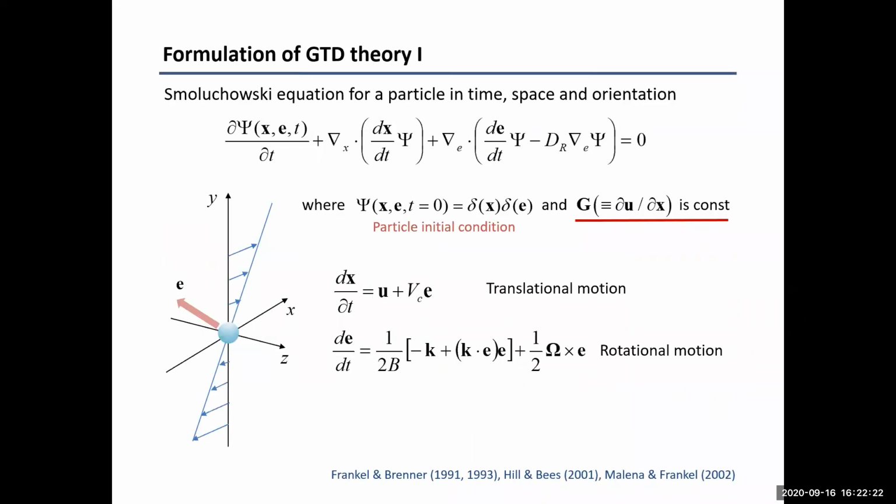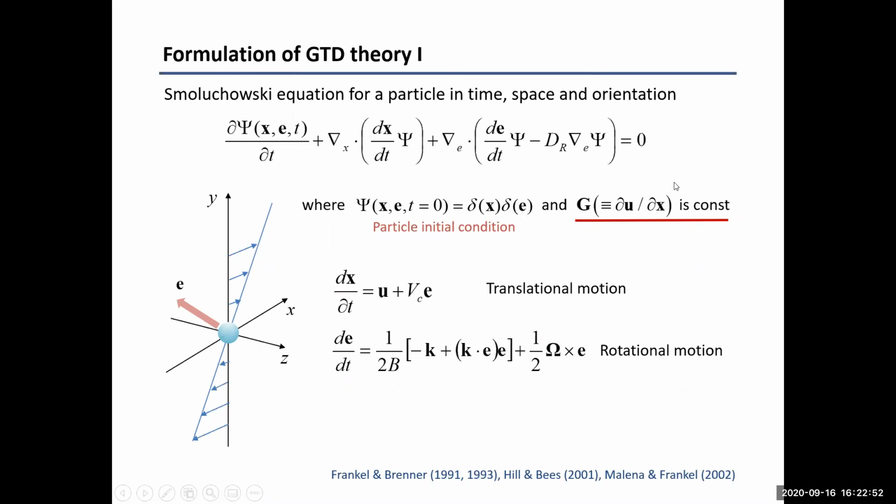They consider the Smoluchowski equation for a single particle in time, space and orientation. And the initial condition of this, psi, which is the PDF of this equation, is given by delta over x, delta over e.